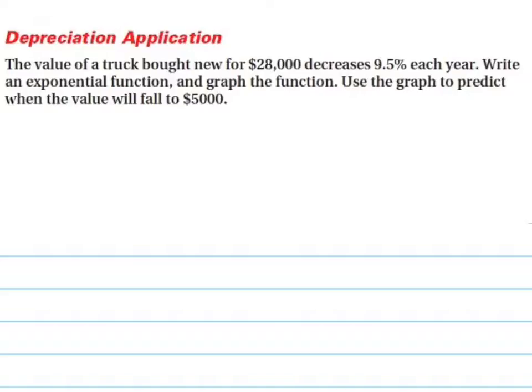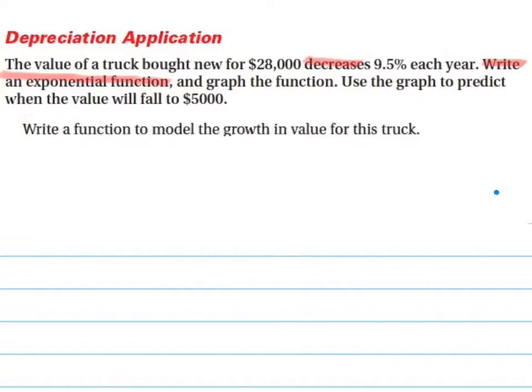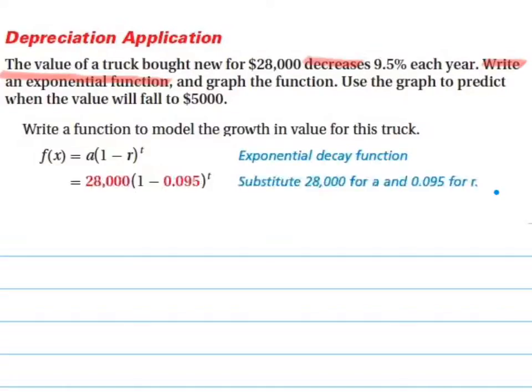We are looking at a decrease problem this time, and so we're going to start with that model, and we're going to put 1 minus r inside the parentheses. The initial amount, the amount that he bought the truck for, was $28,000, and we're going to subtract 9.5%, which is 0.095.